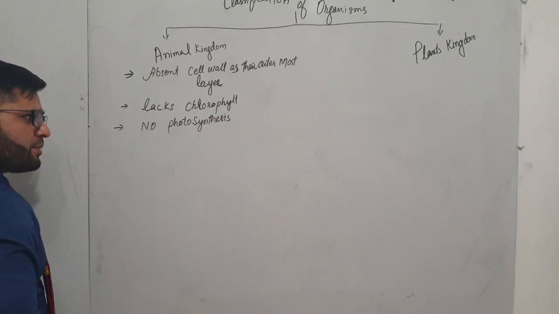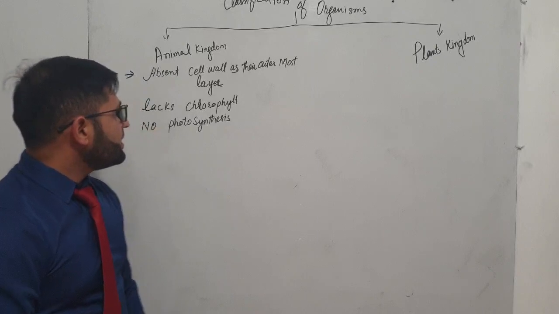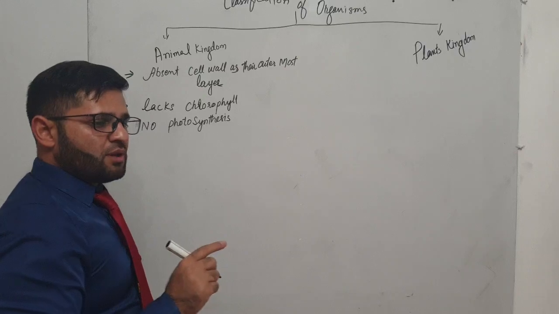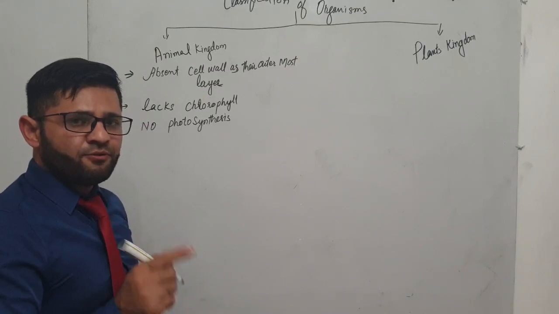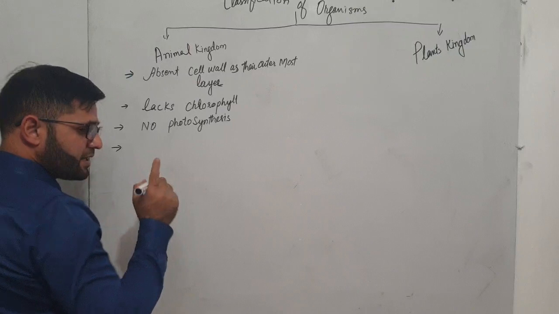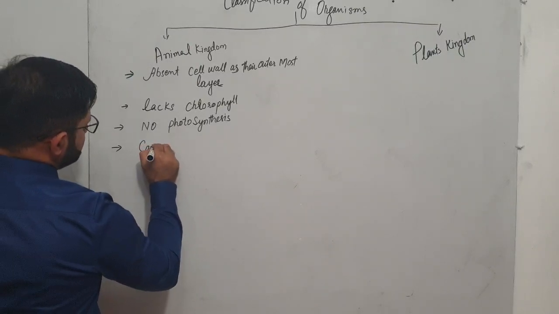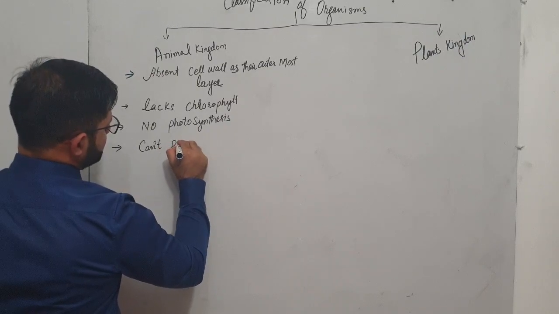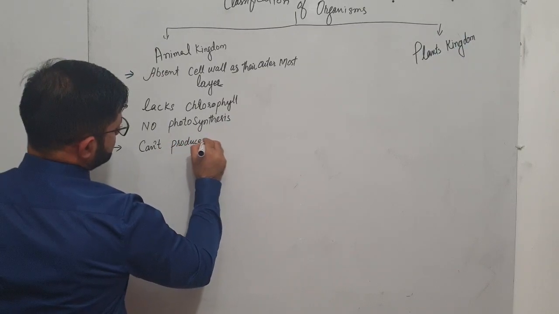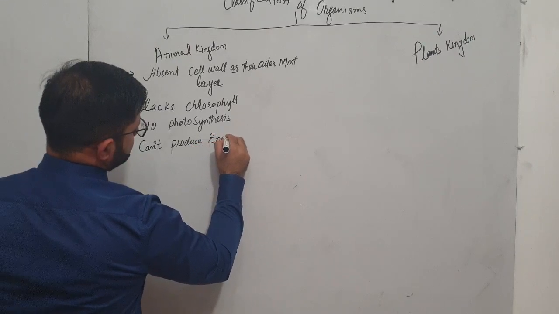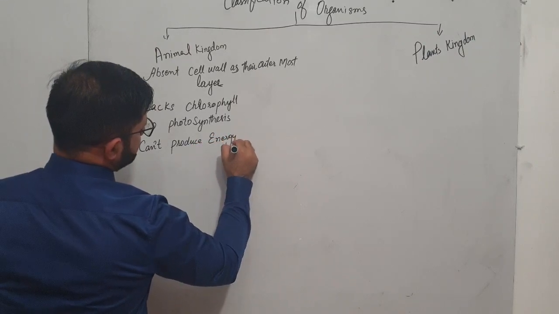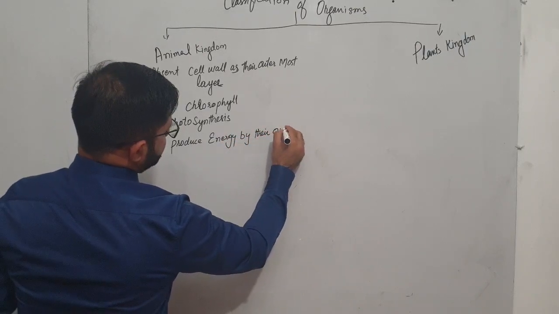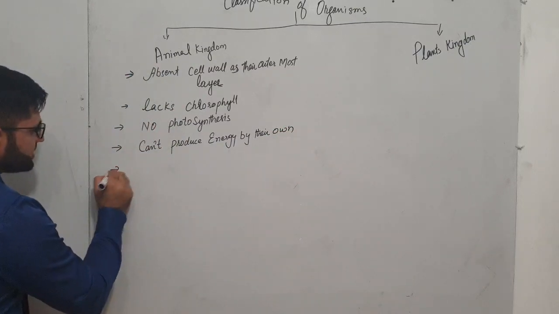And if the process of photosynthesis is absent in animal kingdom cells, these cells will not be able to produce food on their own, meaning energy cannot be produced by their own. Clear?